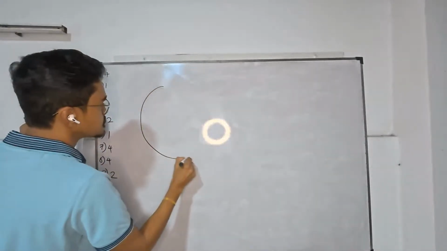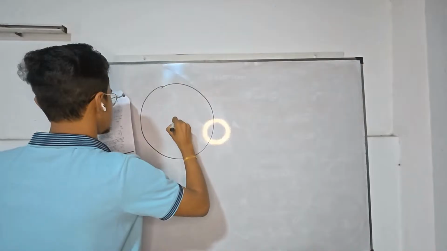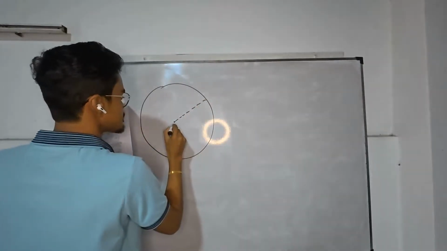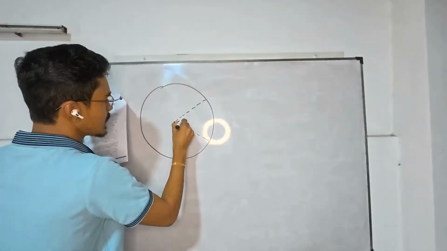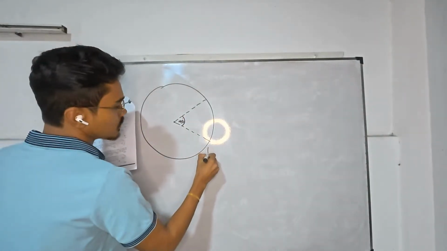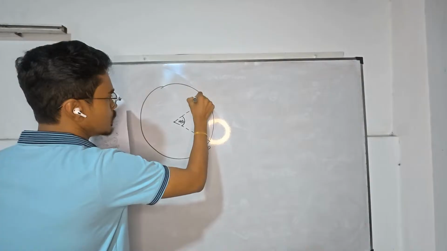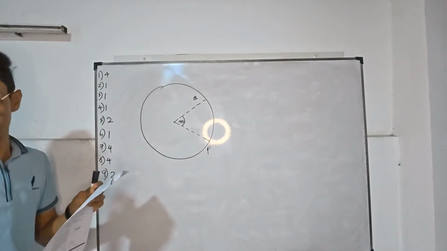So look here. These are the two points given with an angle of 40. We know velocity is always tangential. In a circular motion, velocity is tangential.